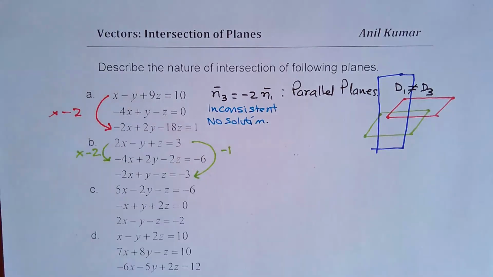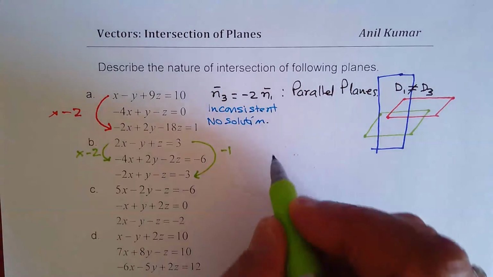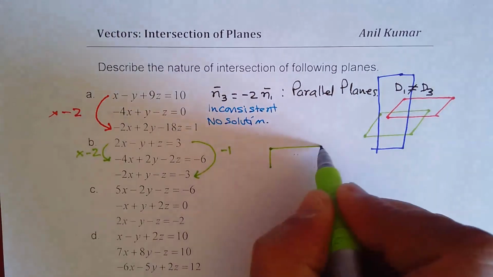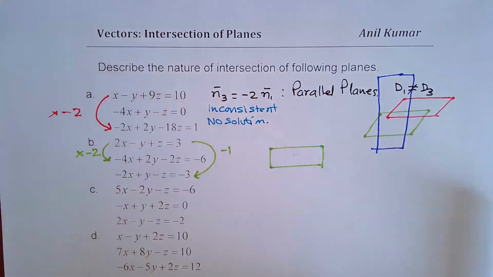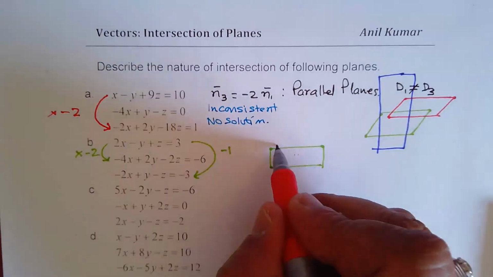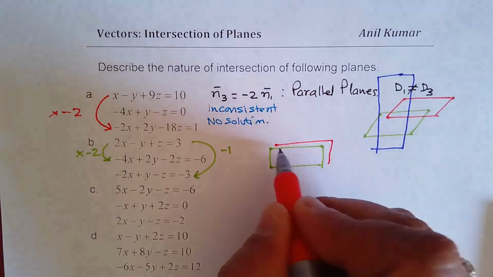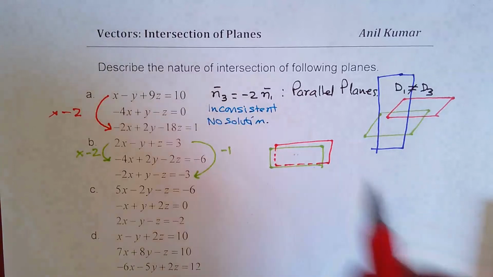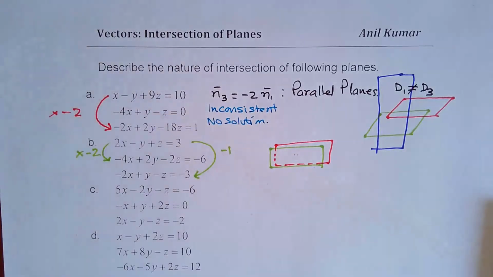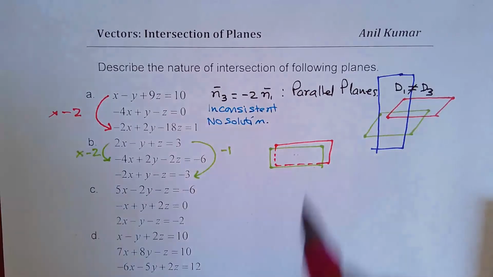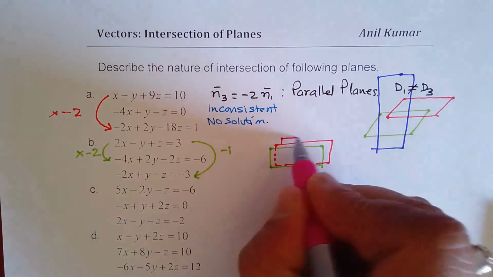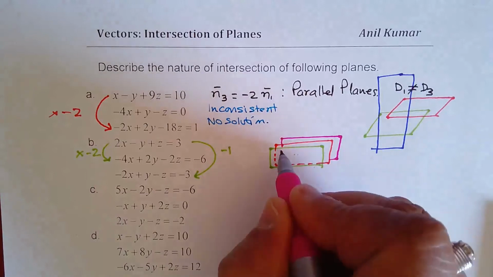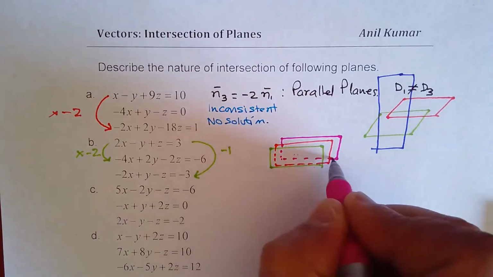Correct? So that basically means that we are actually working with the same planes. They are scalar multiples. So we have 3 planes which are coincident. So in this case, what is the solution?